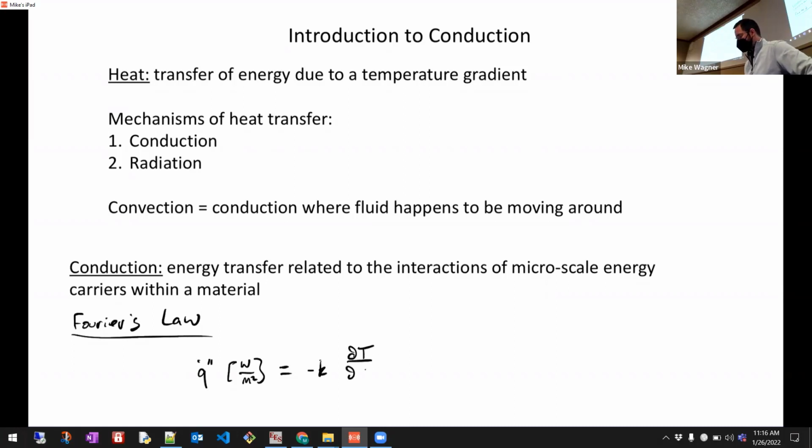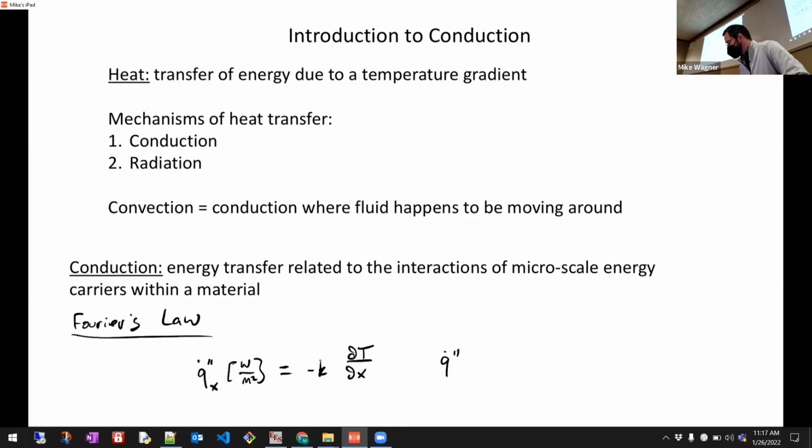Let's say we have a Cartesian coordinate system, and we'll call it x to begin with. The heat flux in the x direction is given by this equation. If you know the temperature gradient in the x direction, multiply that by minus the conductivity of the material, and that's going to give you your heat flux. Relatively simple.